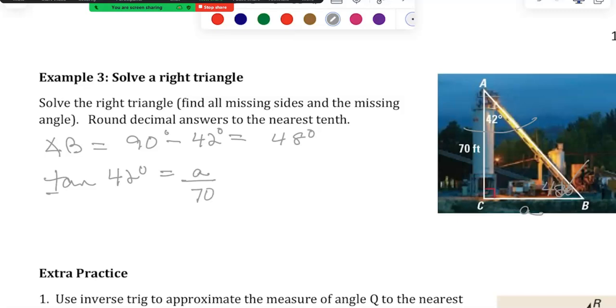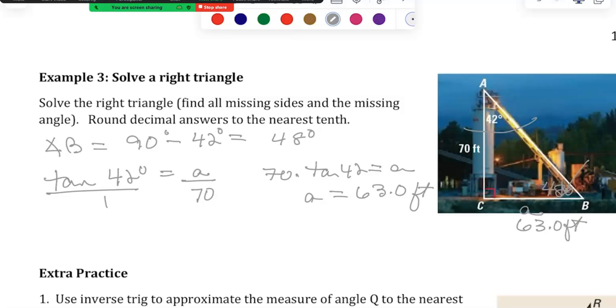Then do your cross products. 70 times the tan of 42 should equal a, and a is 63.0 feet, because remember, I'm looking for a side and not an angle. So now I have 63.0 feet. Let's get the hypotenuse. I can use cosine.